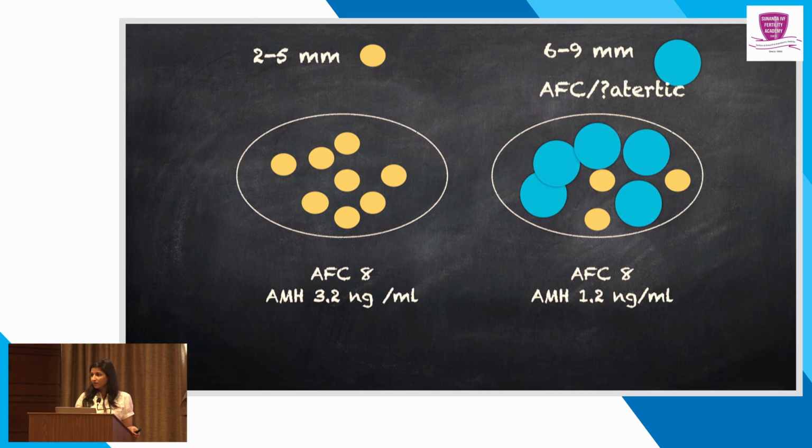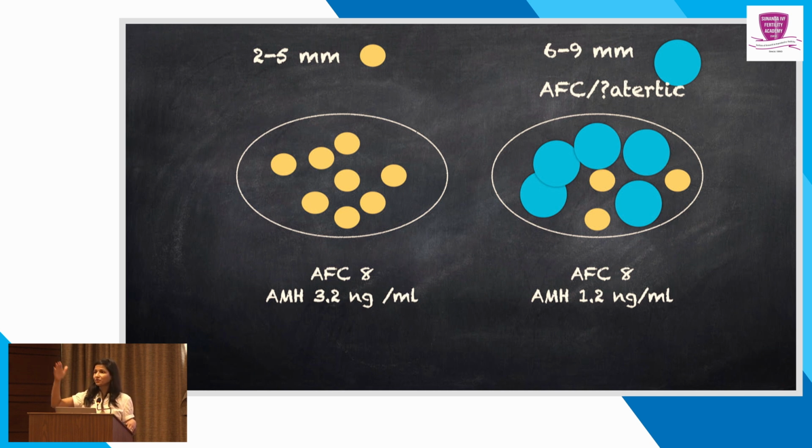Now when you look at her sonography, you are seeing that there are 10 follicles. Then you may promptly say that no, you have a very good AMH, this would have been very unlikely. No, whatever follicles you are seeing were stimulated in the last cycle, they are now actually going towards atresia, and only these 3 follicles may be contributing to AMH. That is why though AFC is the same, this lady has an AMH of 3.2 and this lady has an AMH of 1.2. So this could be a scenario.